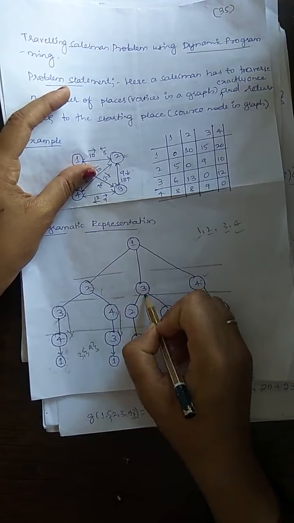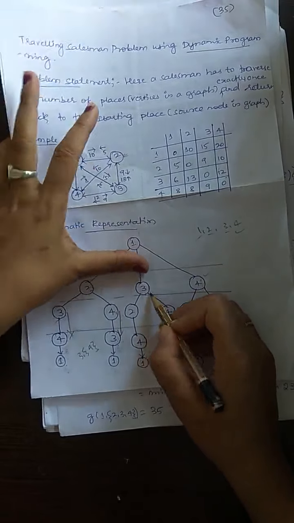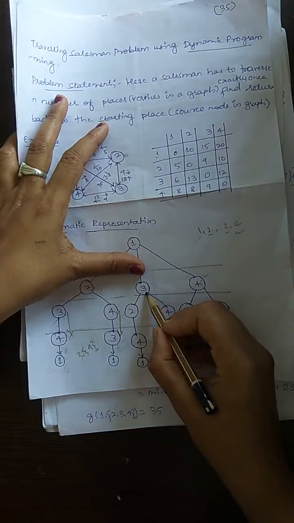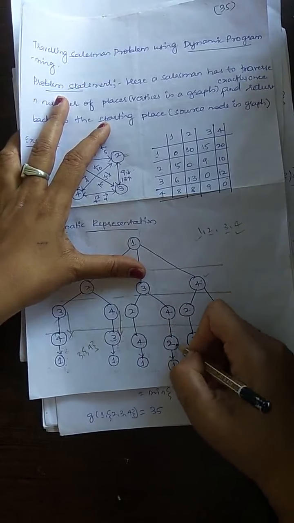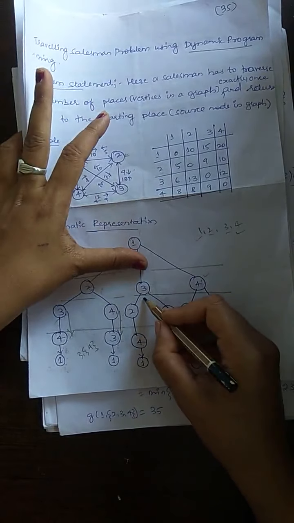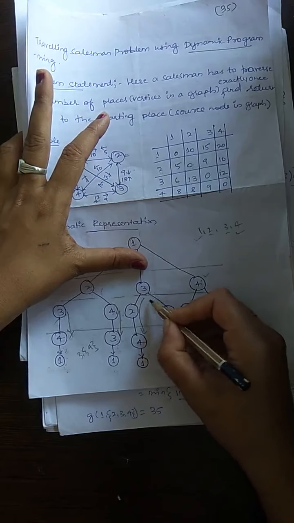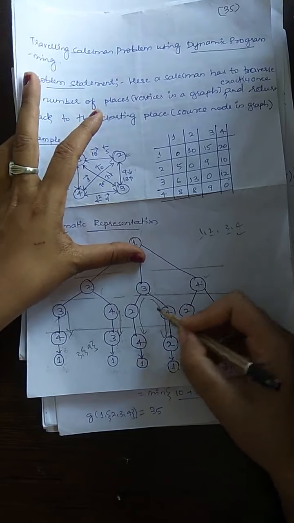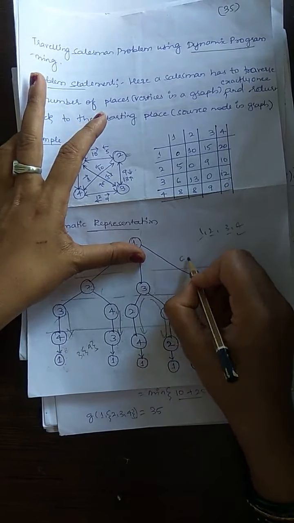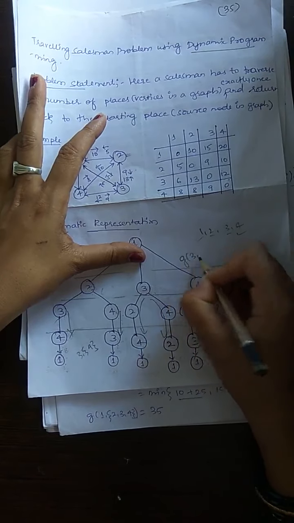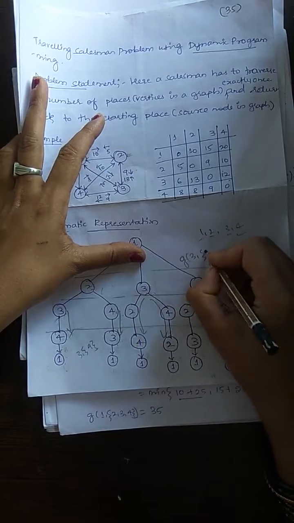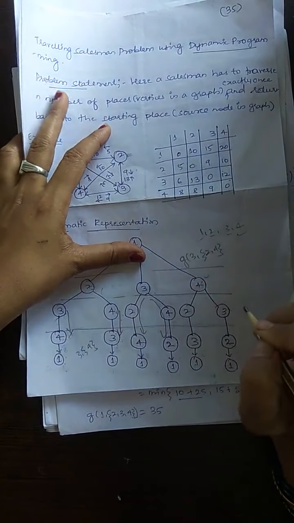Next, coming for 3. When I have come to 3 here, still 2 vertices are remaining. Which are those? Either it is 2 and 4, or it is 4 and 2 here. So what we have to find? Find the minimum cost of this one or this one. Minimum of, so how will we write here? G of from 3, which vertices are remaining? 2 and 4 are remaining.